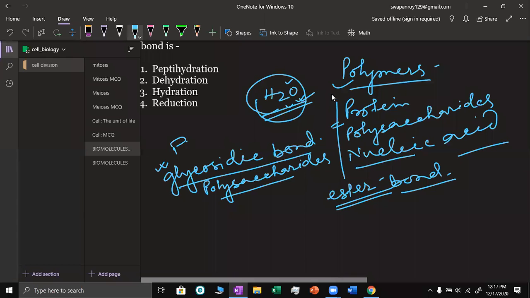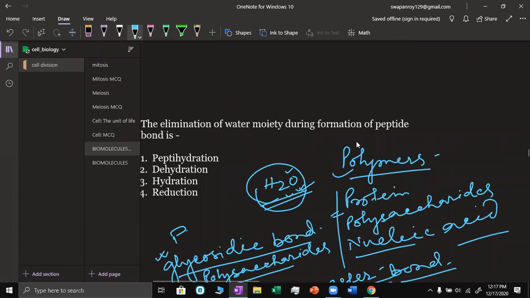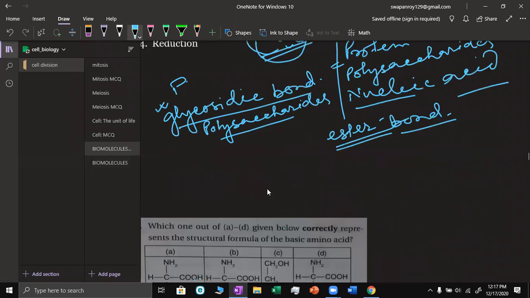So remember that during polymerization water is released. This is dehydration, not hydration. So our answer is dehydration.